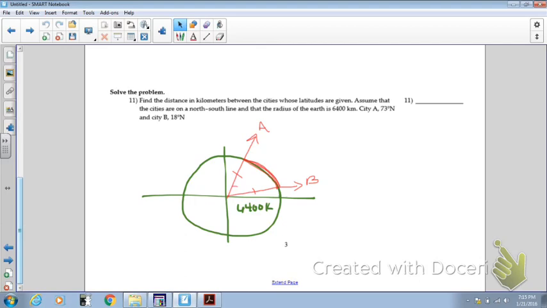So we need to find this angle, and we just do that by taking the 73 degrees minus the 18 degrees, which is 55. And we want to find this arc. This is S. When we do arc length with degrees, we take pi times r times theta over 180.